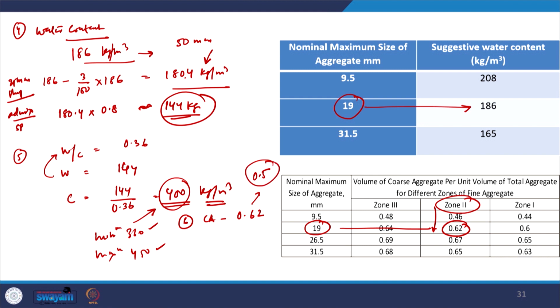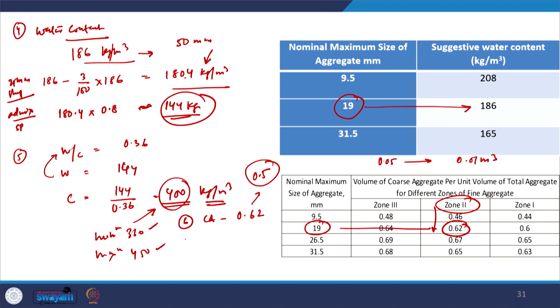Now, how to do the adjustment? We know that for every decrease in water cement ratio by 0.05, we have to increase the volume by 0.01 meter cube. Okay. So, that is what we are going to do here also.